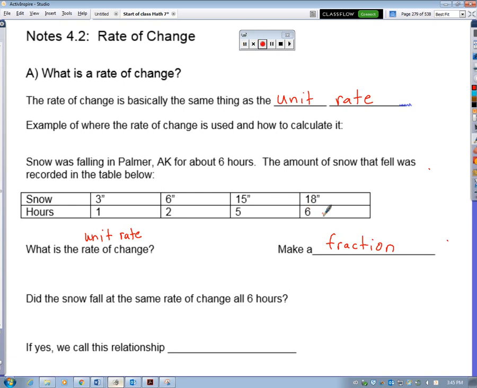To figure out which one goes on top and which one goes on the bottom for this fraction, I'm going to throw a little bit of algebra to you today. And in algebra, they like to use this thing called a y over x fraction, which means one of these numbers is going to be y and one of these numbers is going to be x.